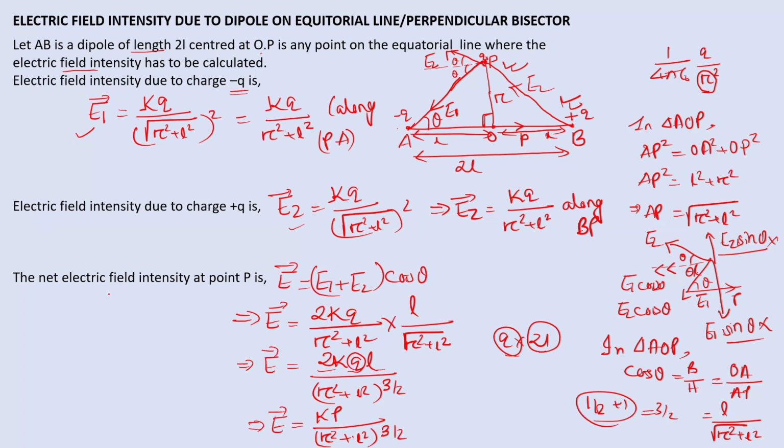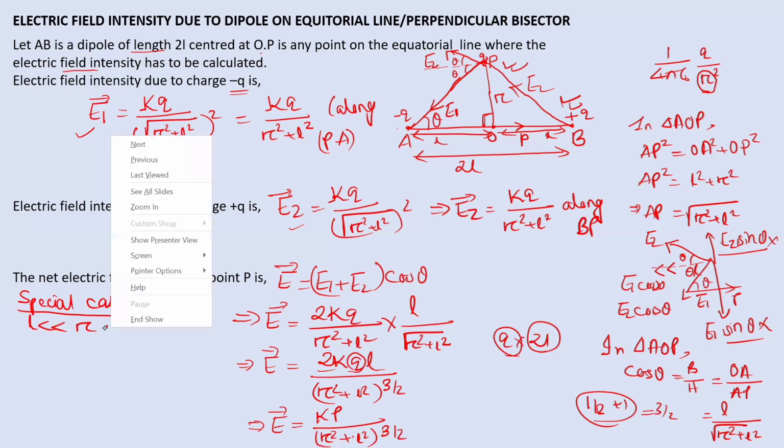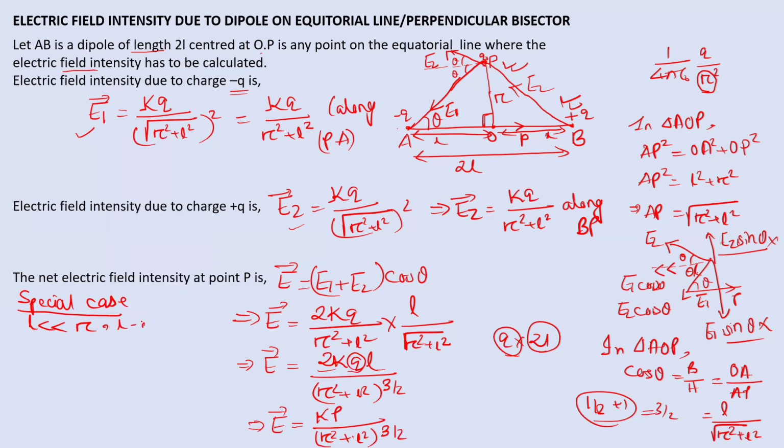Okay, so I'm continuing on this side. Special case when you have a small dipole. In case of a small dipole, that means when L is very, very less than R, then you put L equals 0.